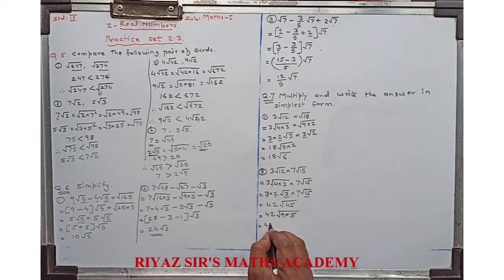So you can write it as 42 into square root of 9, that is 3, into square root of 5. 42 3s are, 3 2s are 6, 3 4s are 12, so 126 square root of 5. That is the answer for this second example. Similarly, the last two examples you have to solve. Now this is question number 7.